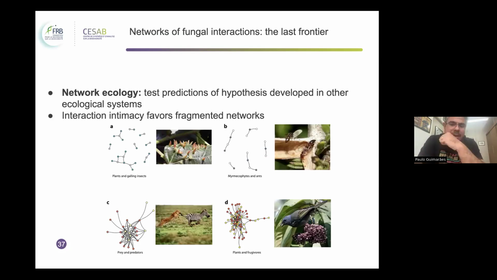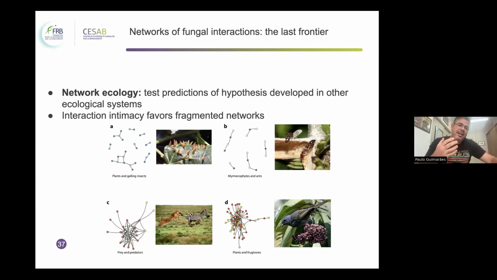So one hypothesis that we have in the literature, something that we have been trying to argue in the last 15 years, is that the degree of association of partners at the individual level, like a gall-making insect living inside a host plant or an ant colony living inside a given plant, leads, at the scale of the community, to a particular network structure, this fragmented network that we see in the upper part of the panel.